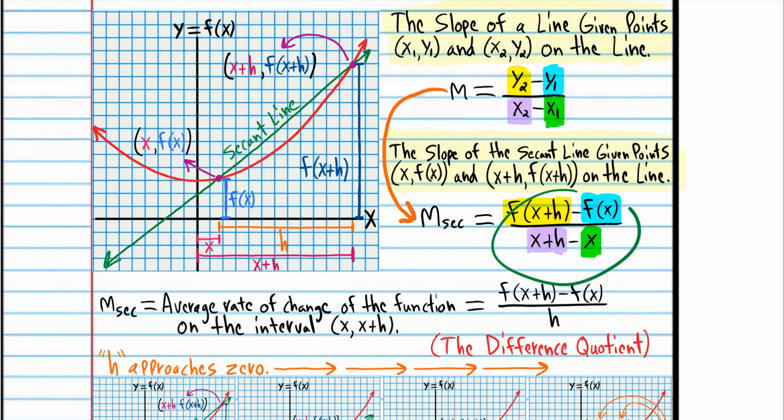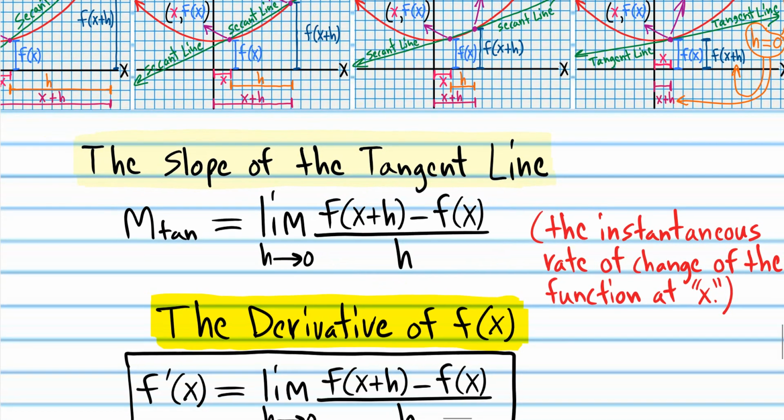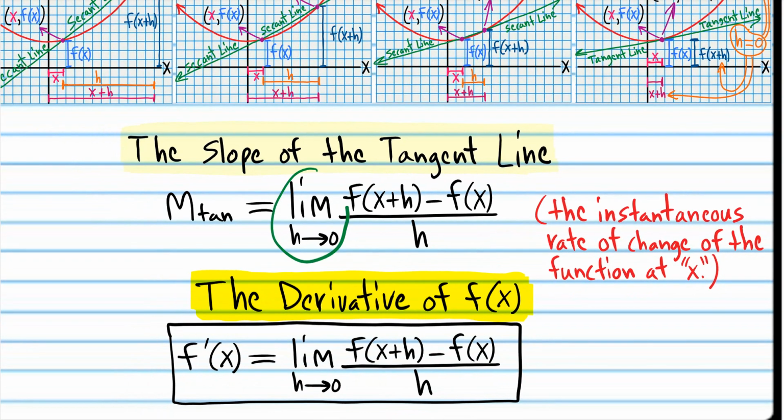If you simplify the slope of the green secant line, you get this expression, which is called the difference quotient. But if you find the limit of that expression as h approaches 0, that's actually the slope of the tangent line, the slope of the blue line that I was describing above.